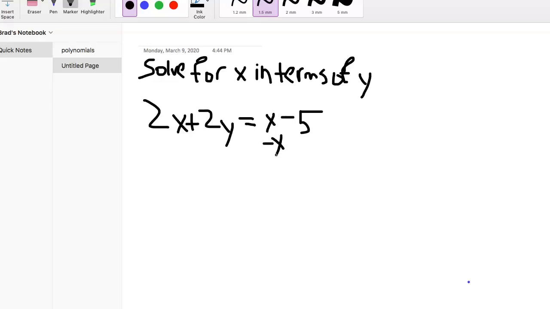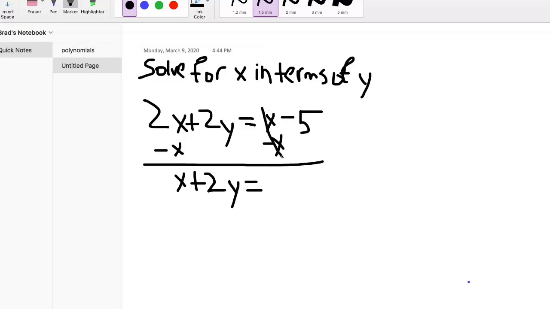So subtract x from both sides, which I think was the exact same thing we did last time first, okay? 2x minus x is 1x, or just x, plus 2y equals, and these x's on the right side canceled out, right? Because x minus x is 0, and all we're left with is negative 5.